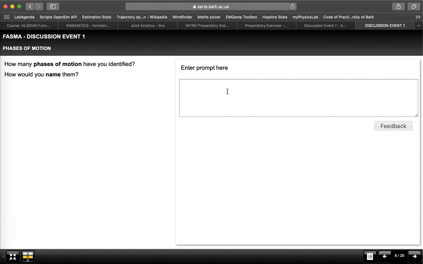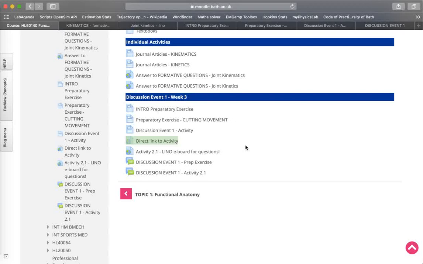Then you can enter your answer here, and you can get some feedback as well. Once you have gone through this exercise, you can answer all the questions using the second discussion event link, which is related to the activity 2.1, the one that I've just shown to you.